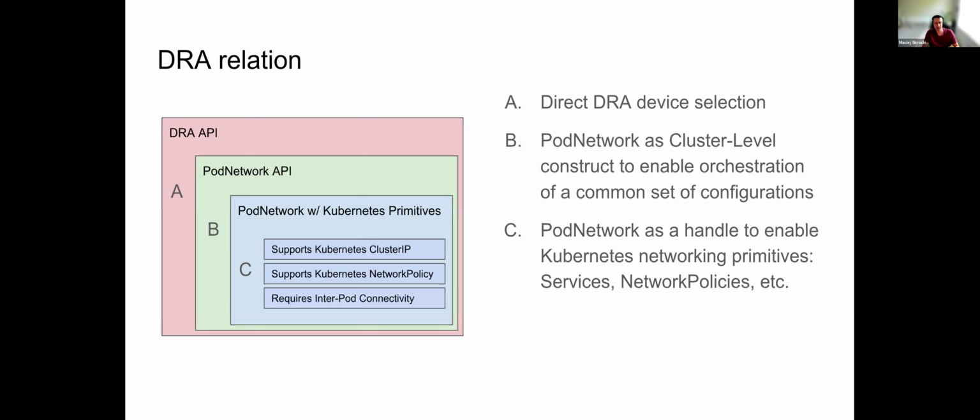And then lastly, segment C, where we eventually want to get to the stage where the pod network can tightly connect with other Kubernetes primitives like services and network policies. This is the area we are looking forward to.